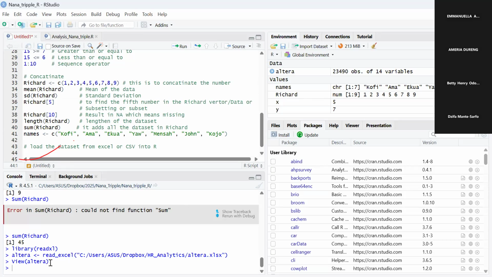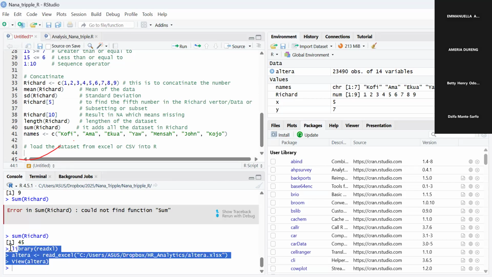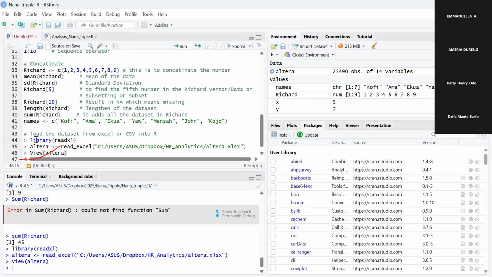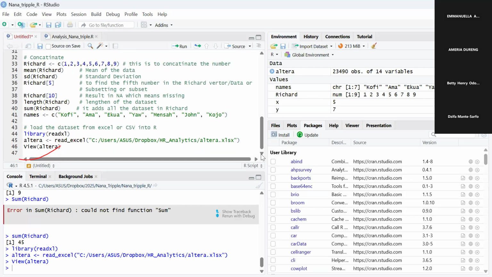Okay, so let me give you this thing. You see where my mouse is at the console. Copy everything here. Copy it, come and paste it here. I'll show you why we are doing that. Have you done it?